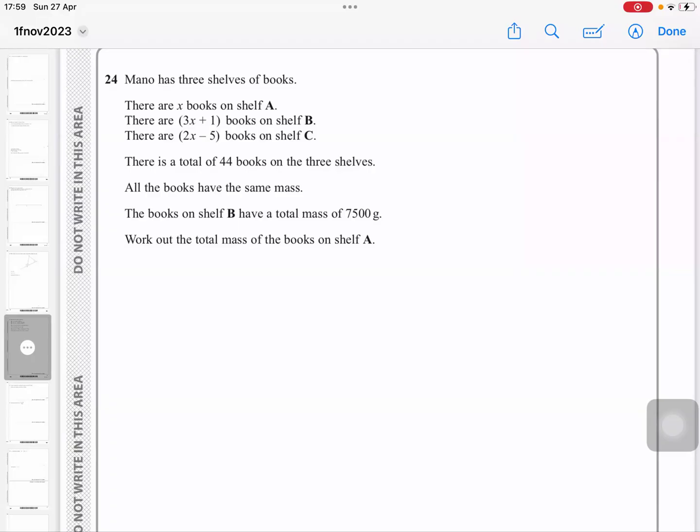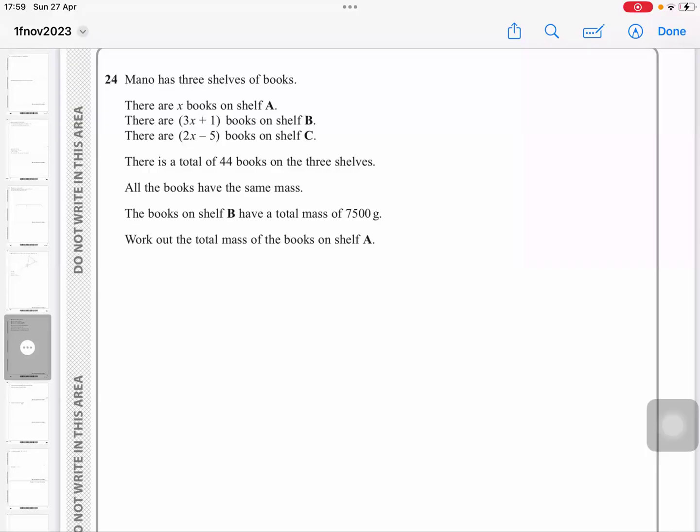Now if you look at the question, the question says all the books have the same mass. So we're going to make some assumptions which are safe for us to make based on what the question said. If all the books have the same mass, and they told us that the books on shelf B have a total mass of 7,500, guess what?